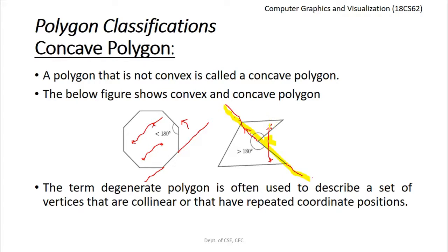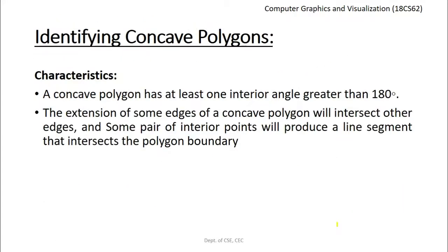And the third case is if you identify any 2 points within the polygon and connect them using a line segment, the line segment should lie entirely within the polygon, which is not the case here. Hence this second polygon on the right is a concave polygon. So this is a convex polygon, this is a concave polygon. I hope you have understood the difference between a convex polygon and a concave polygon. Okay, so let us proceed.